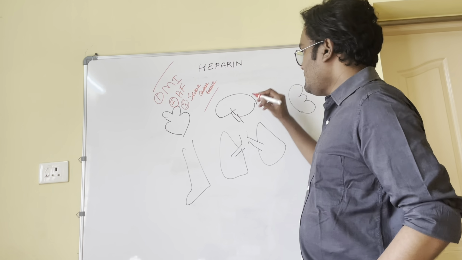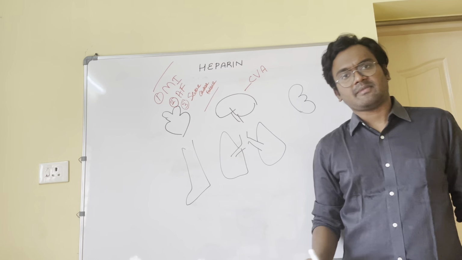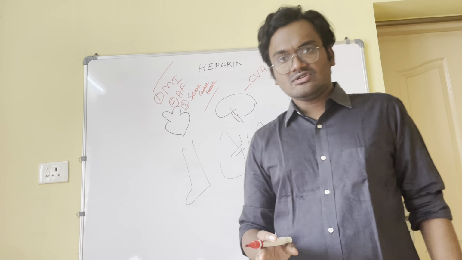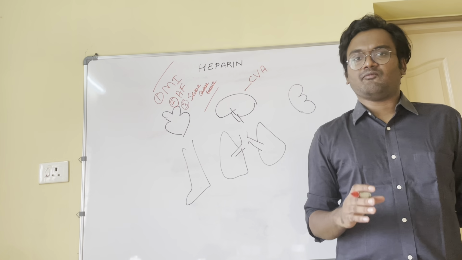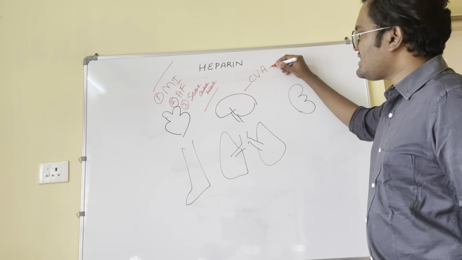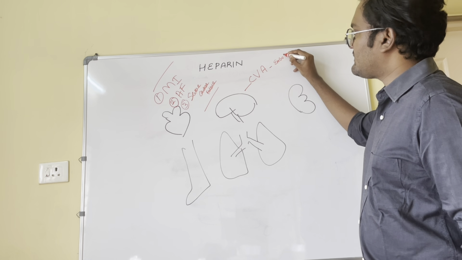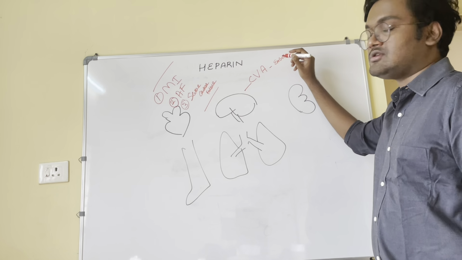In the brain, where do we use heparin? CVA. Do we use heparin in CVA? Usually the drugs are aspirin, clopidogrel and so on. When do we use heparin in CVA? When it is an embolic CVA, where AF is causing the CVA, then we have to use heparin.